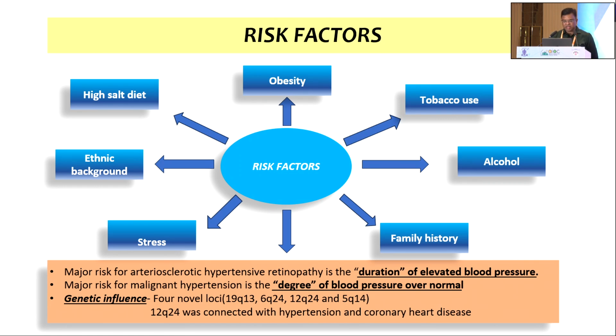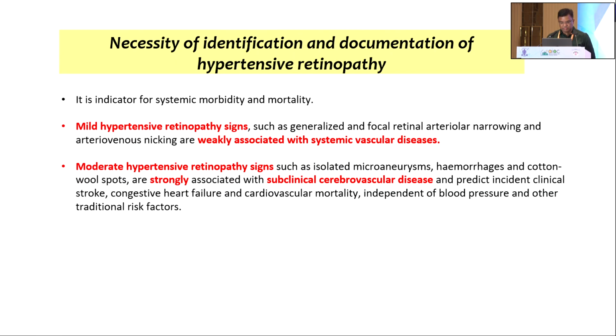Now, the major risk factor for atherosclerotic hypertensive retinopathy is the duration of the elevated blood pressure. And the major risk factor for malignant hypertension is the degree of blood pressure over normal, and the genetic influence does have a very positive role. Now, there is a necessity for identification and documentation of hypertensive retinopathy because it is an indicator of systemic morbidity and mortality.